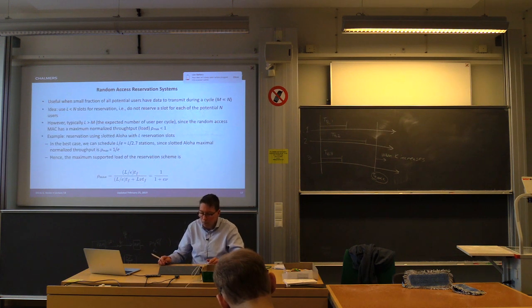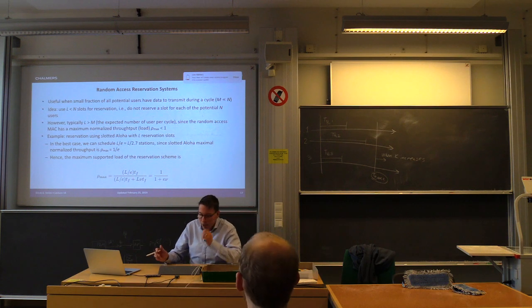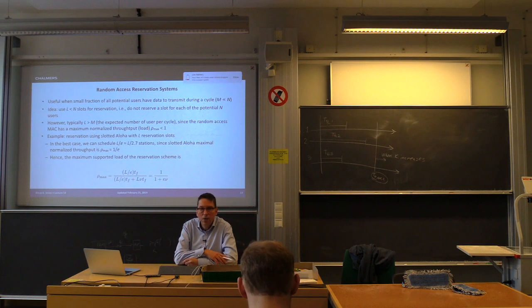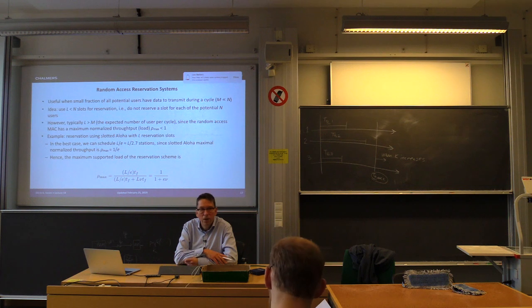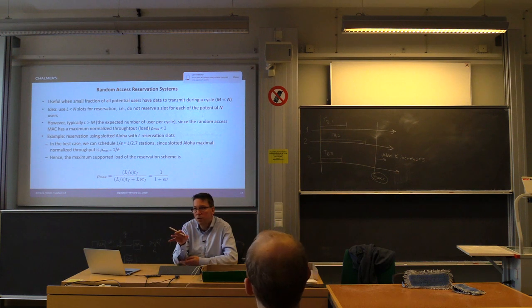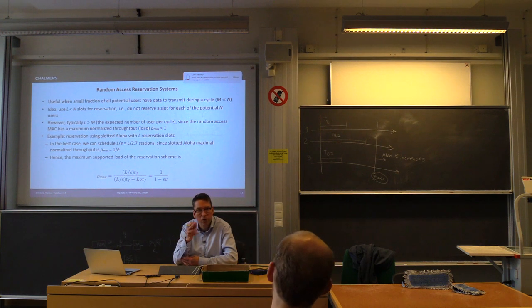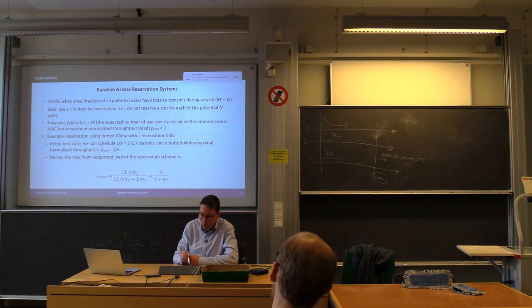Well, the idea is that either we have a predefined channelization that we will talk about in a short while, that we actually have these time slots, we have synchronized stations, we know when the stations can start and so forth, then it's not such a big problem. But there is a problem when only a small fraction of all the potential users have data to transmit.